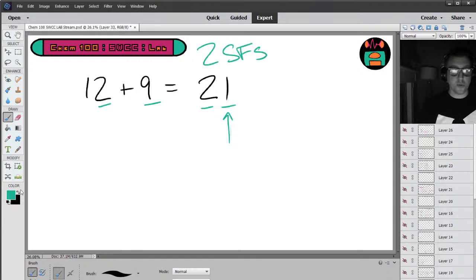But the reason I was only underlining one thing was because we weren't assessing how many total sig figs it has, because we're adding. We're just assessing how precise it is. And 12 is precise to the ones place, 9 is precise to the ones place. So what matters here is that our last significant digit is in the ones place. But there are 2 significant digits total.